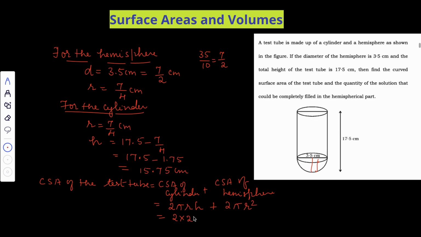2 into 22 by 7, radius is 7 by 4, height is 15.75, plus 2 into 22 by 7 into 7 by 4 into 7 by 4.